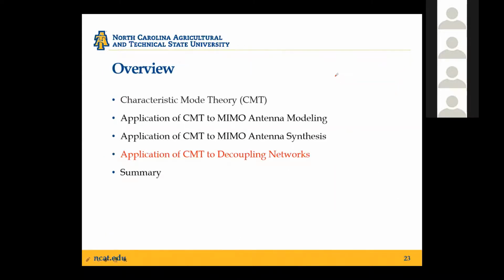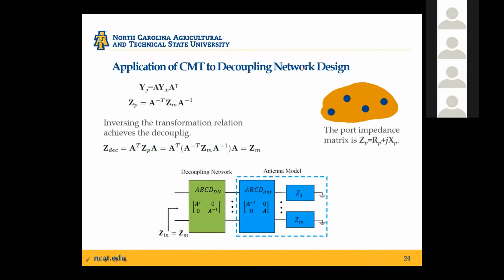So lastly, I want to talk briefly about decoupling networks that were inspired by characteristic modes as well. If you remember, earlier in the talk, we mentioned that for a multi-port antenna, its admittance is essentially a transformation of the modal admittance.